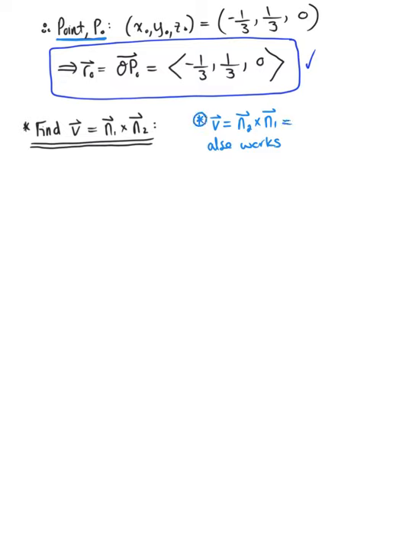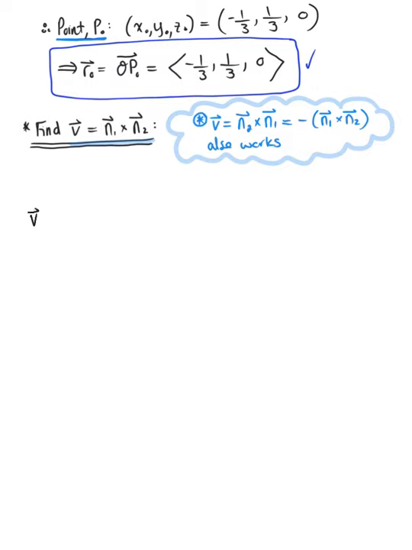The reason is that the cross product of n sub 2 and n sub 1 is equivalent to minus the cross product of n sub 1 with n sub 2. So using any scalar multiple of this vector is going to work. Here we are going to use the cross product n1 cross n2, but keep in mind, any scalar multiple will work. So here we go.